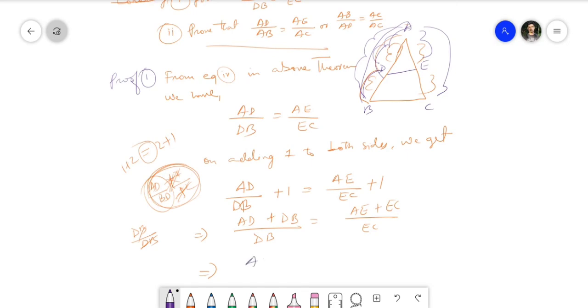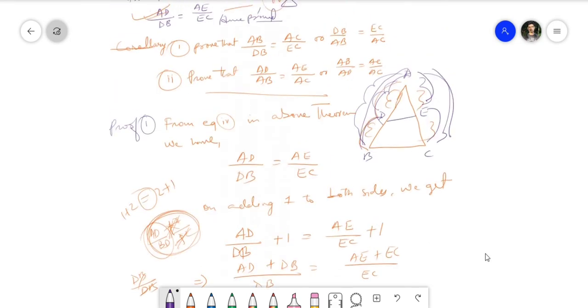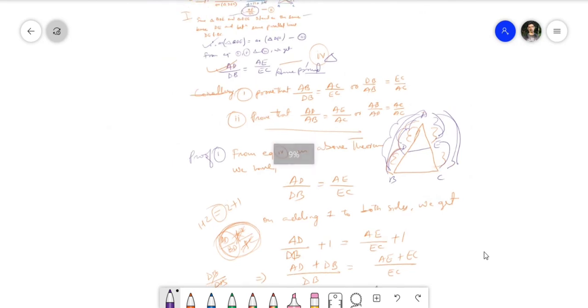So I can write AB by DB is equal to. Again, when you see AE and EC, if you add these two, you will get AC by EC. Okay, so we have just proved it, can you see? It's the same as it is.